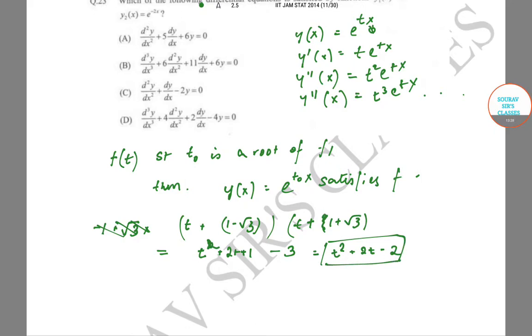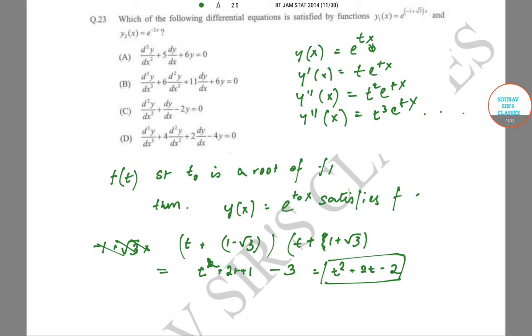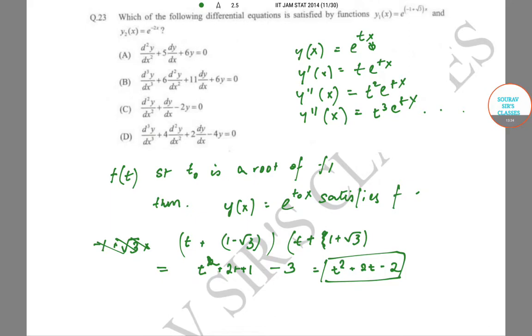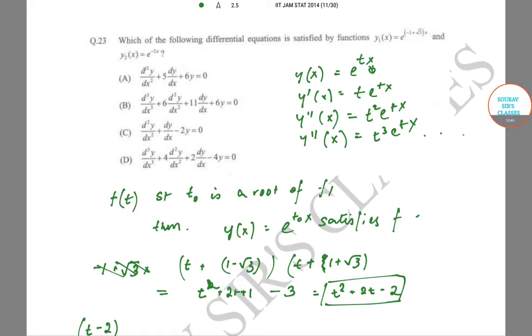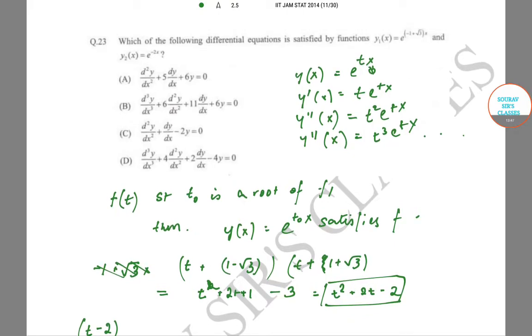Now t square plus 2t minus 2, e to the power tx would be e to the power (minus 1 plus root 3)x will satisfy this differential equation, and t plus 2 will satisfy e to the power minus 2x.